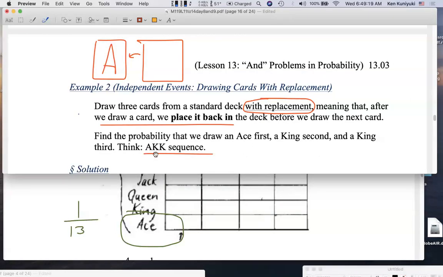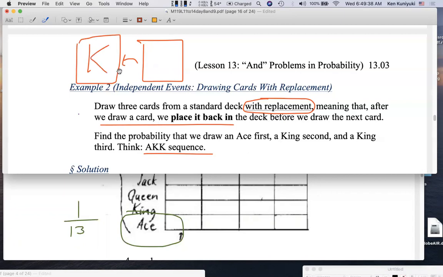What's the probability of getting a king on any of the draws? So let's say that you get one of the 4 aces and you put it back in. The deck's randomly shuffled. You pick out the second card.